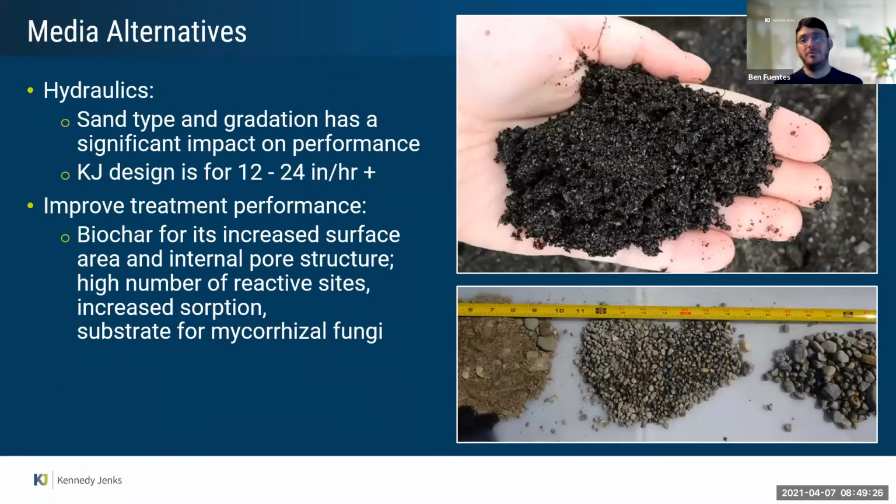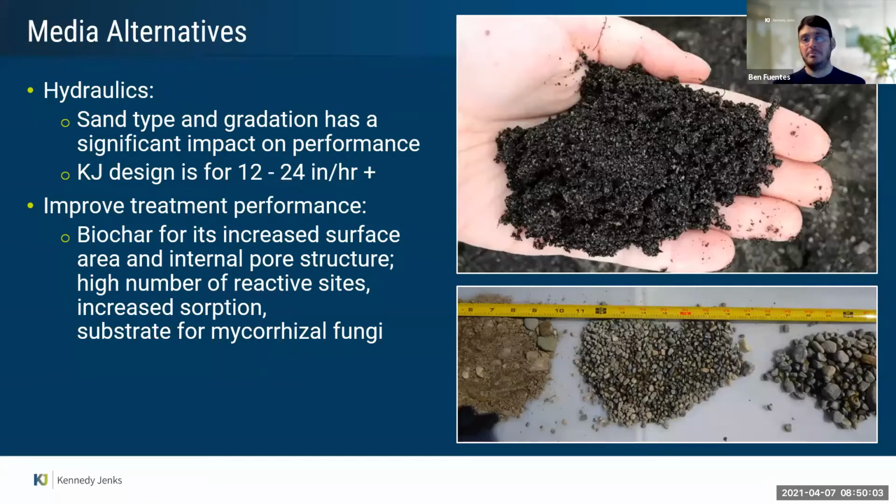Because of the ever-evolving nature of our research informing what media is most appropriate for stormwater quality, there are numerous alternatives out there for what media makes the most sense. What can be very advantageous is if you can find media that is effective in treating your stormwater to meet your water quality goals, and works at a much higher infiltration rate, instead of 12 inches per hour, going up to 18 inches per hour, 24 inches per hour and beyond.